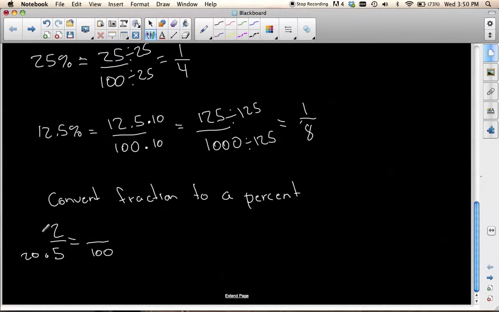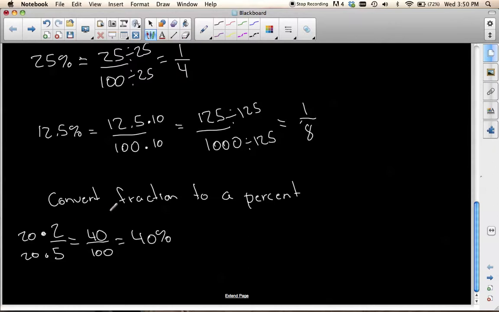And whatever I do to the denominator, I also have to do to the numerator. And 20 times 2 would give me 40. And 40 over 100 can be written as 40%. So really all I'm trying to do, if I have a fraction, is figure out what I need to multiply the number by to get my denominator to be 100. That's what we're doing if we're trying to convert the fraction to a percent.